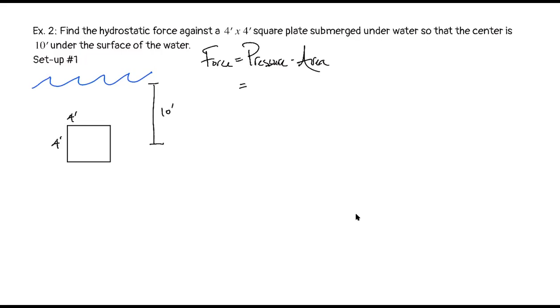And we also said on Thursday that pressure is really density times the depth, because again, it changes according to the depth, and times the area.